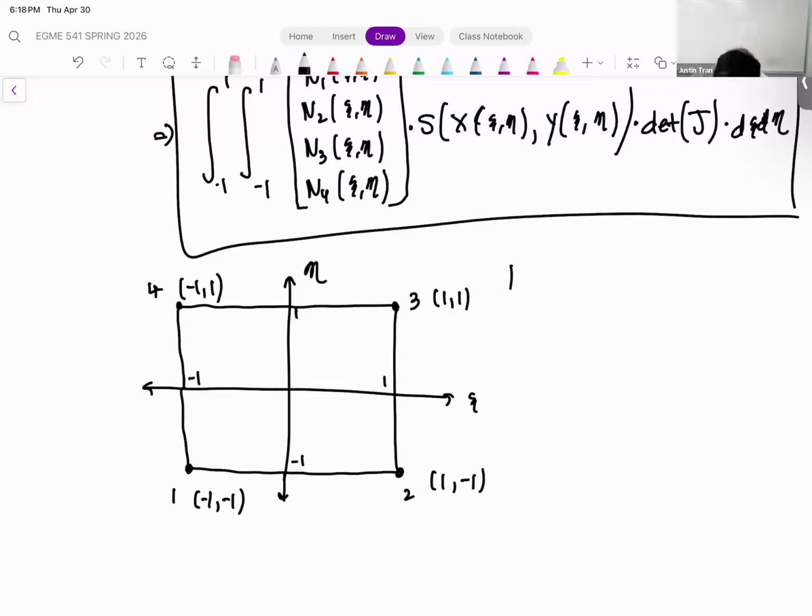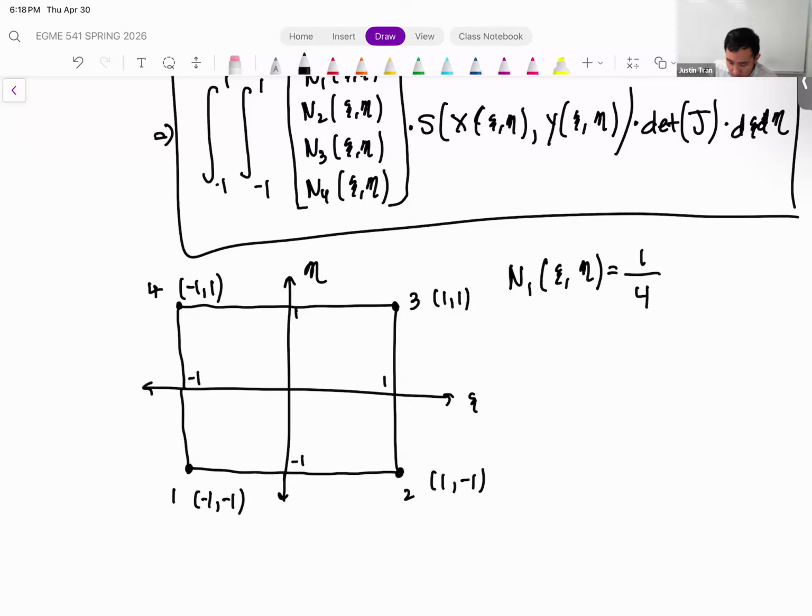So node 1 is in the bottom left, and when we plug in -1, -1 for n1, we should get 1. So knowing the coordinates for our nodes and the size of our element, our shape functions can be written as the following.